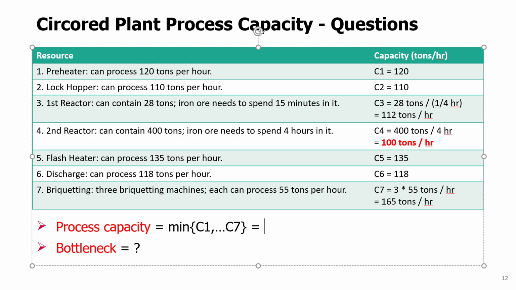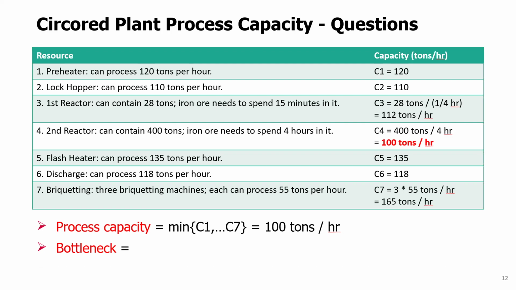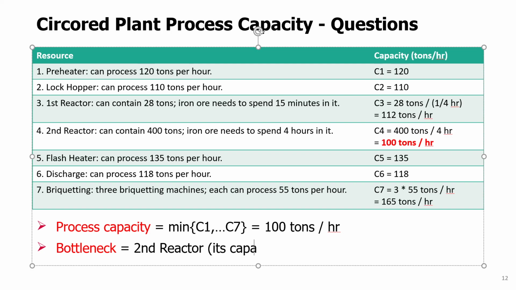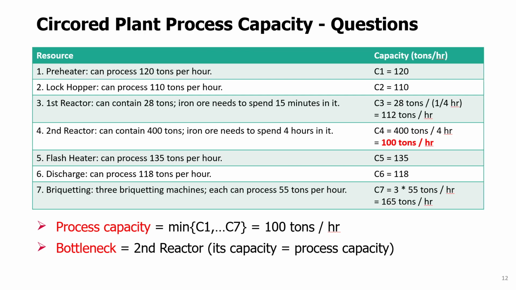The minimum, and that is 100 tons per hour, as we already highlighted. And we can also say that the bottleneck is the resource that had the smallest capacity. C4 was the smallest, so the bottleneck is the second reactor. And notice that its capacity is equal to process capacity. So we have found the bottleneck and the process capacity for the Circored plant case.